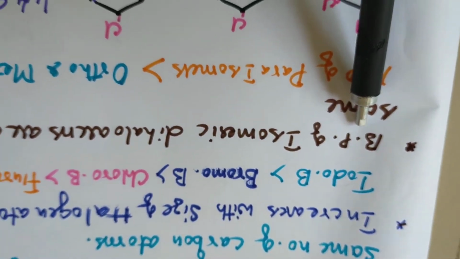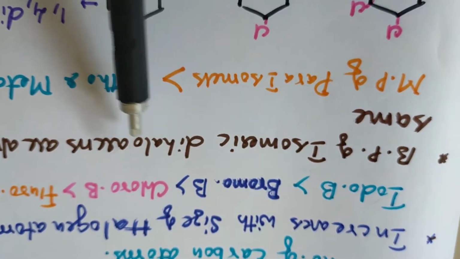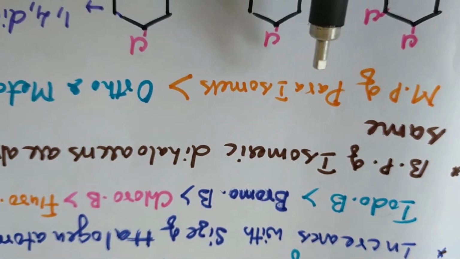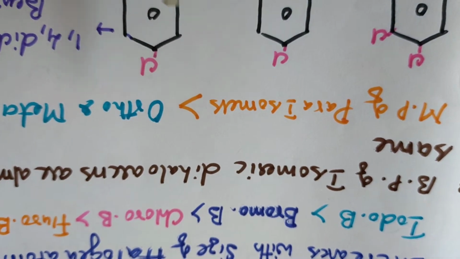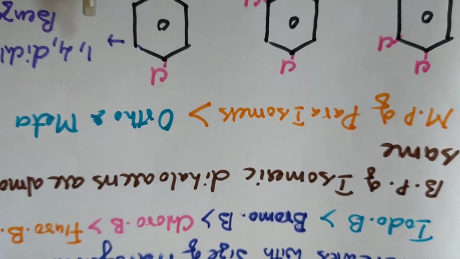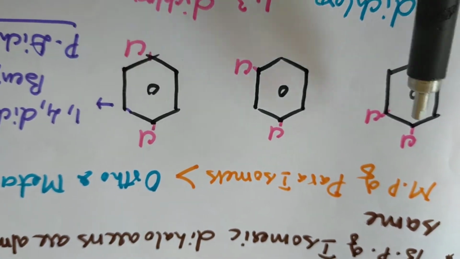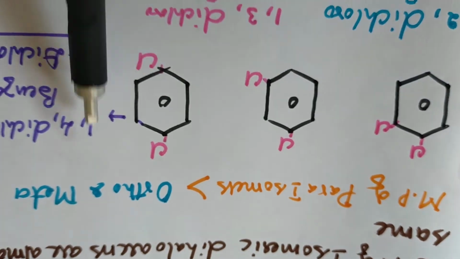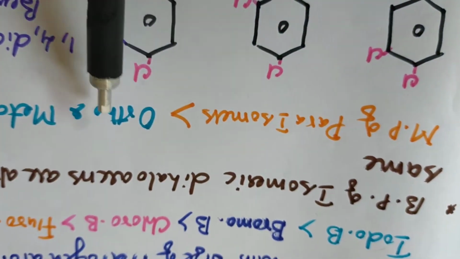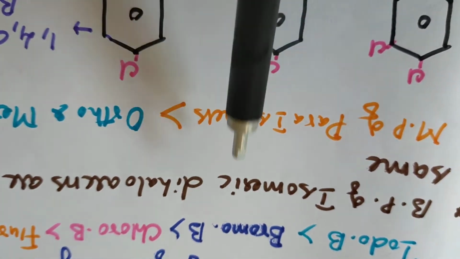Again, the boiling points of isomeric dihaloarenes are almost the same. Among the ortho, meta and para derivatives, para derivatives have a higher melting point than ortho and meta. This is very important for the examination, these two points.